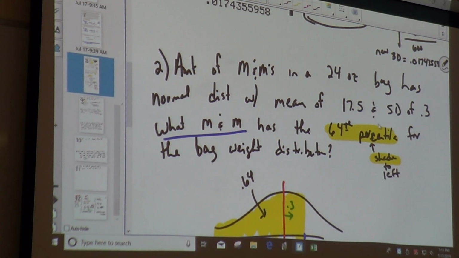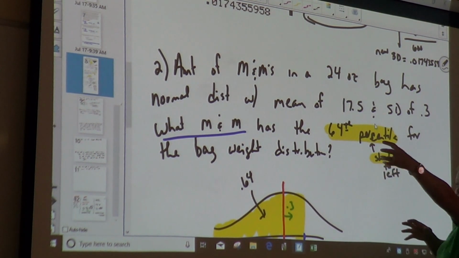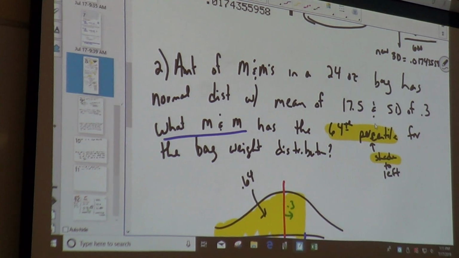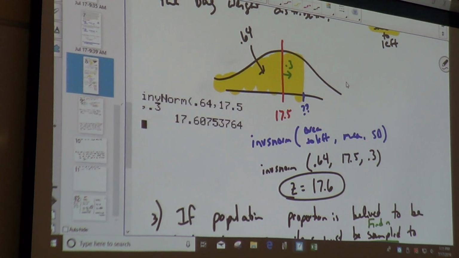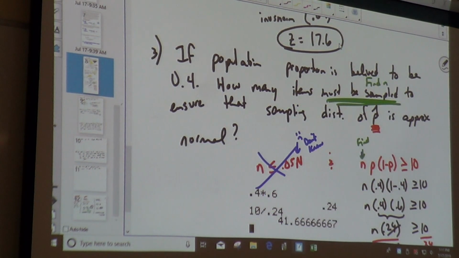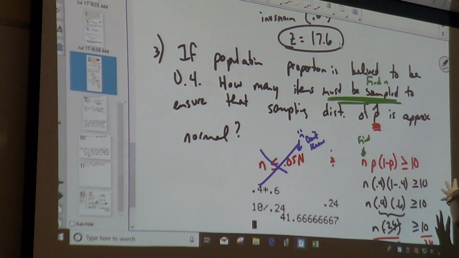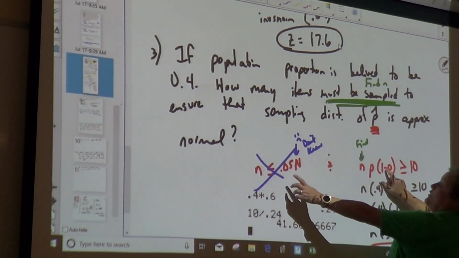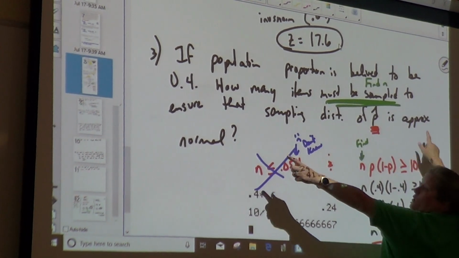This one wasn't a P problem, it was straight up. This is your mean, this is your standard deviation. This was a straight out, the very first type of problem. This is your mean, this is your standard deviation. That was a straight up type of problem. This one talked about P, so that was that third type of problem, and it's, tell me, is it a normal distribution?